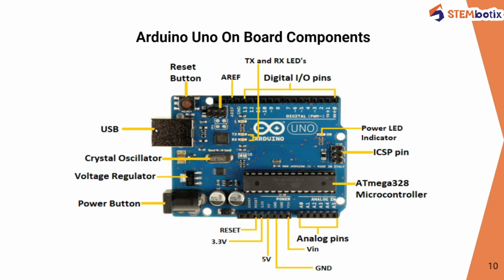After that, if you want to power up your board using USB, each and every board has its particular USB cable. So this is particularly a USB A to B type cable and USB port. What you need to do is connect the Arduino board using your USB A to B type cable to your computer or laptop, and through that you can power your Arduino Uno board.